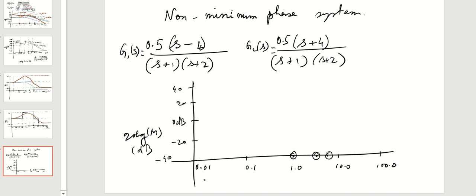It's just going to move the entire plot up or down. So I'll just adjust it to be 0.5. The point is that the magnitude plots of both these transfer functions G1 and G2 would look identical, right? And what would it look like?